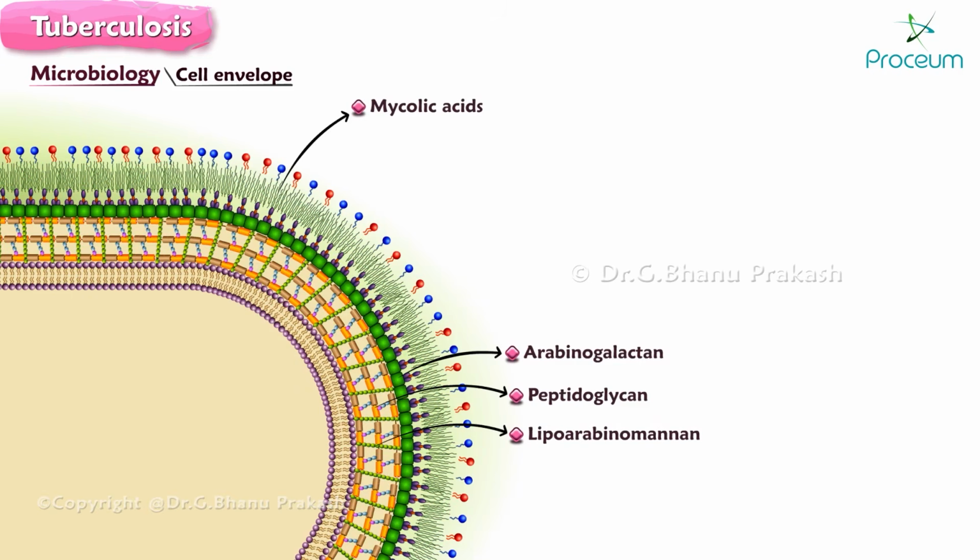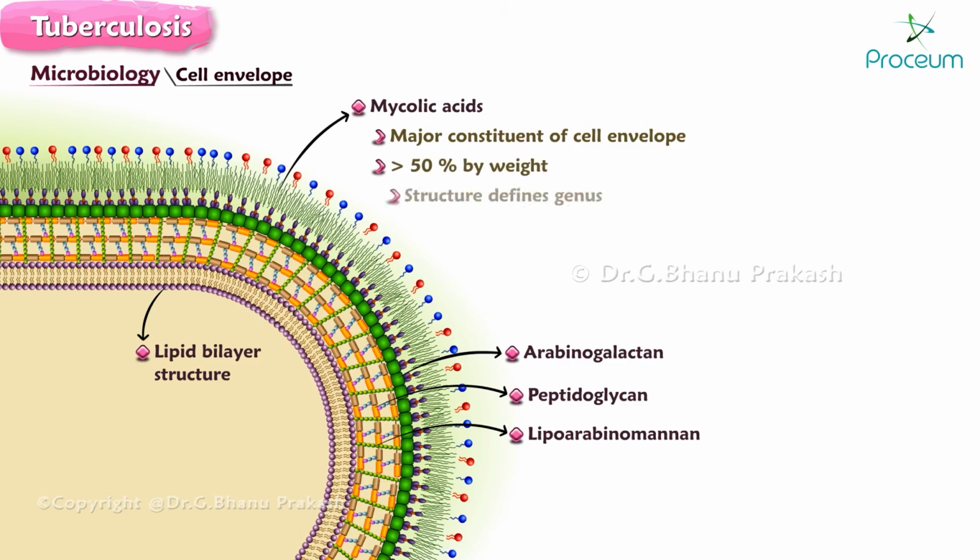The outermost layer, the mycobacterial outer membrane, consists of a lipid bilayer structure. Mycolic acid, a beta-hydroxy fatty acid, is the major constituent of the cell envelope, accounting for more than 50% by weight. This structure defines the genus.